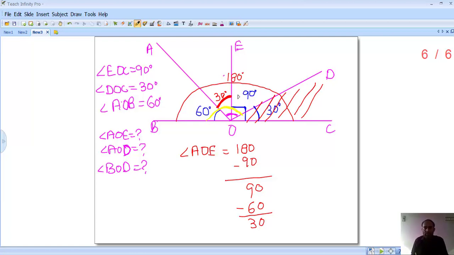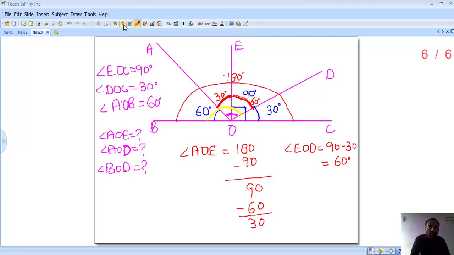So let's find out angle EOD first. Angle EOD is equal to 90 minus 30, that is 60 degree.